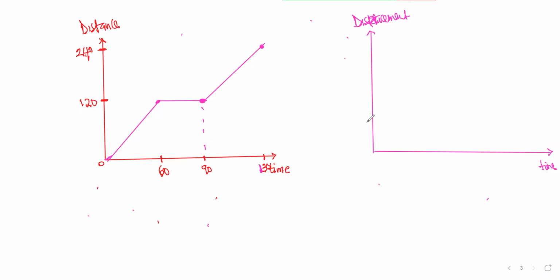Then the displacement. For displacement, we care about direction. So let me indicate the times. So 60 plus 30 plus 40, we have 130.